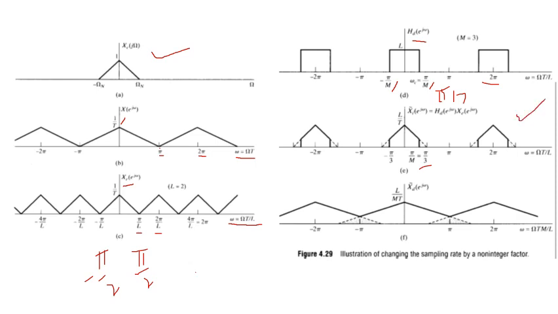Now finally we have to downsample it. Whenever we downsample, it means that we are multiplying. You can see here M is multiplied with T. It means that this point, which is currently at pi by 3, and we are decimating with a factor of 3, so this pi by 3 point will go to pi, because pi by 3 into 3 is pi.